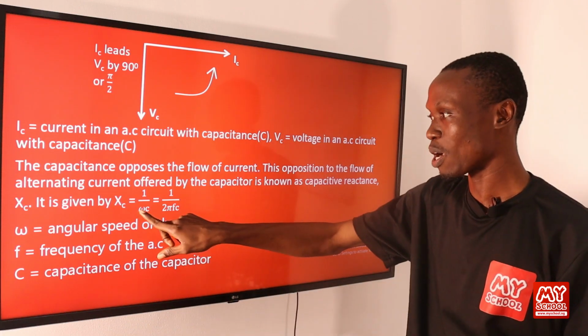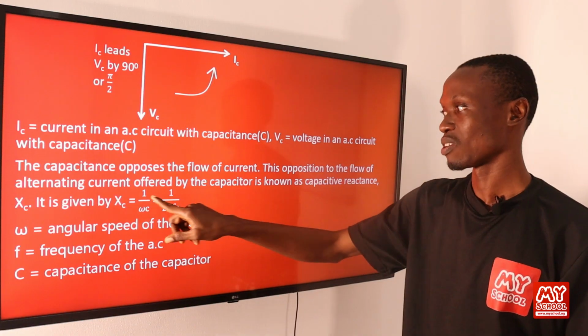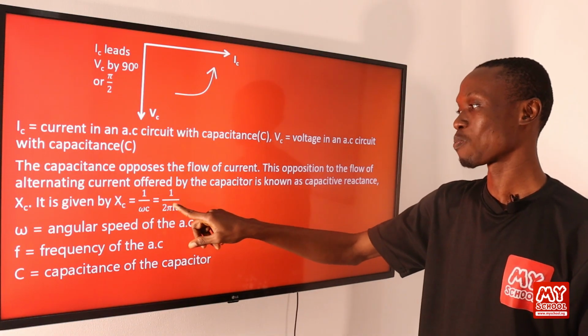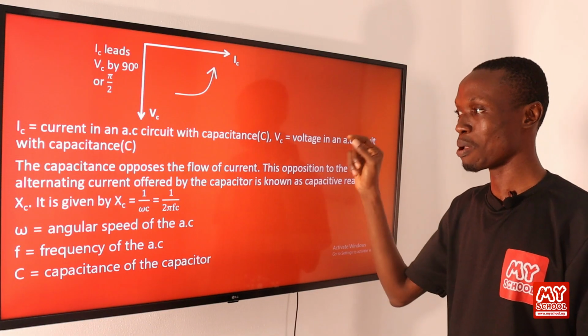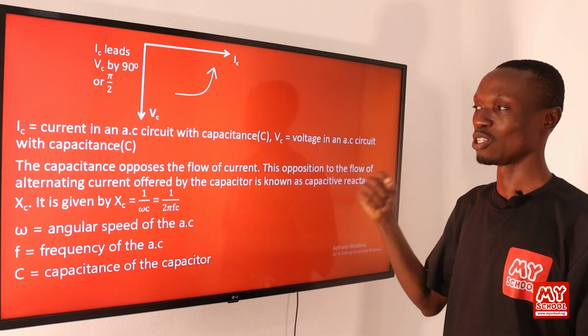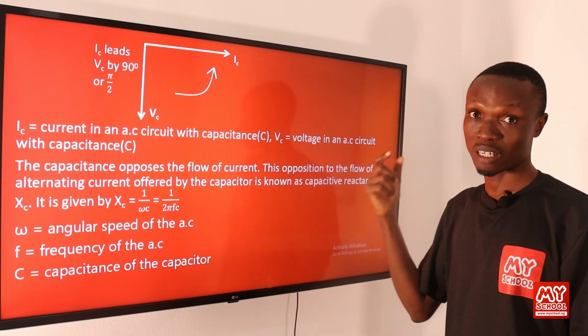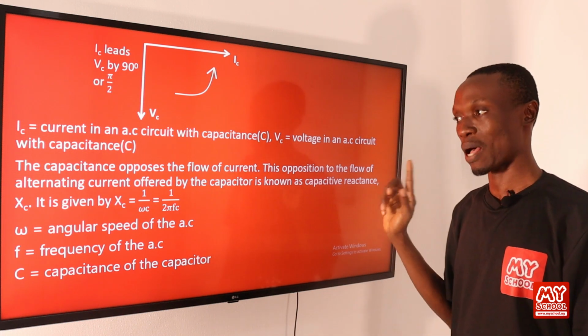So in place of omega, we replace it with 2 pi f, so that XC is now equal to 1 over 2 pi fC. But remember that XC is called capacitive reactance, that is the opposition offered to the flow of alternating current by the capacitor.